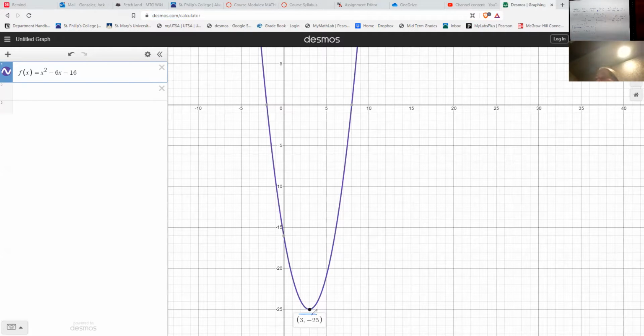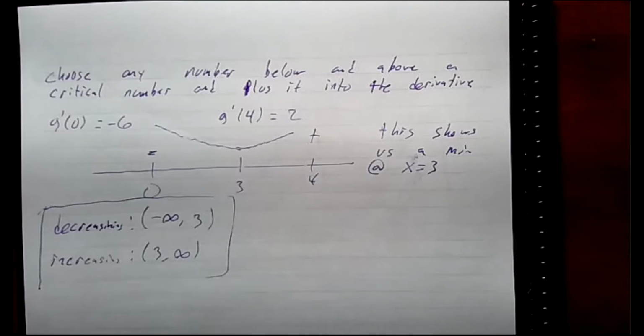So that's neither increasing nor decreasing. Before we're decreasing, but right there, we're neither one. Right after, we're increasing. So we can't put a bracket because of that. Any other questions on number 1?